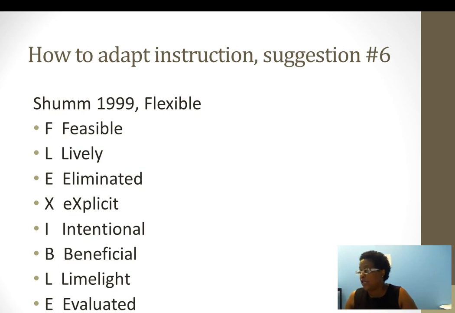Then we have UDL, which says if you put in variety and multiple means, there is enough presented so that many students will find access into the curriculum. And then we have others who specifically look at the tailored adaptations needed sometimes for students with disabilities, and we see there's a little confusion about how to do that and how to do that well.